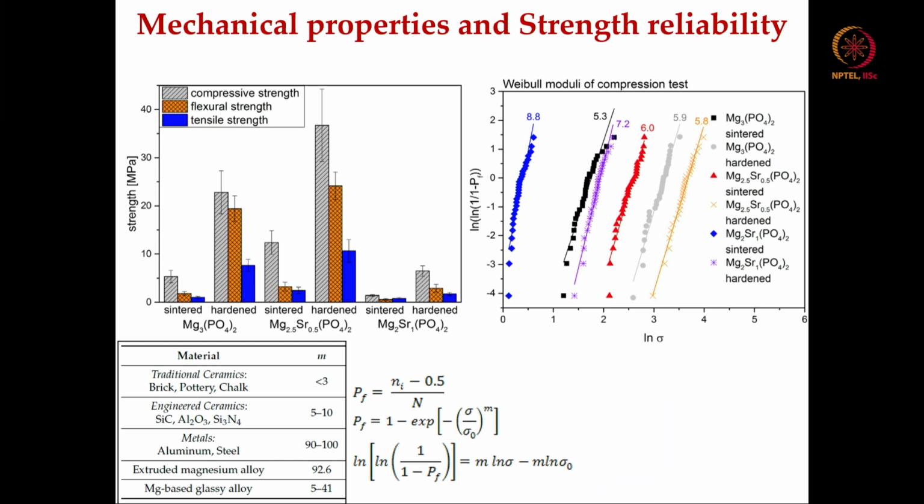Like before, we have also measured the mechanical properties of these 3D printed and post processed structures in both classes of materials, one is sintered materials and one is chemically hardened materials. We have used three modes of loading: uniaxial compression, flexural loading, and diametral compression.